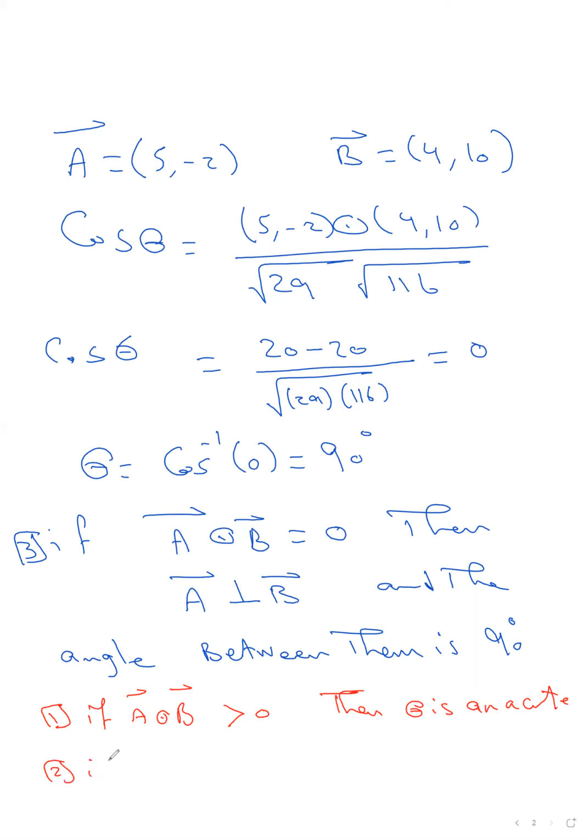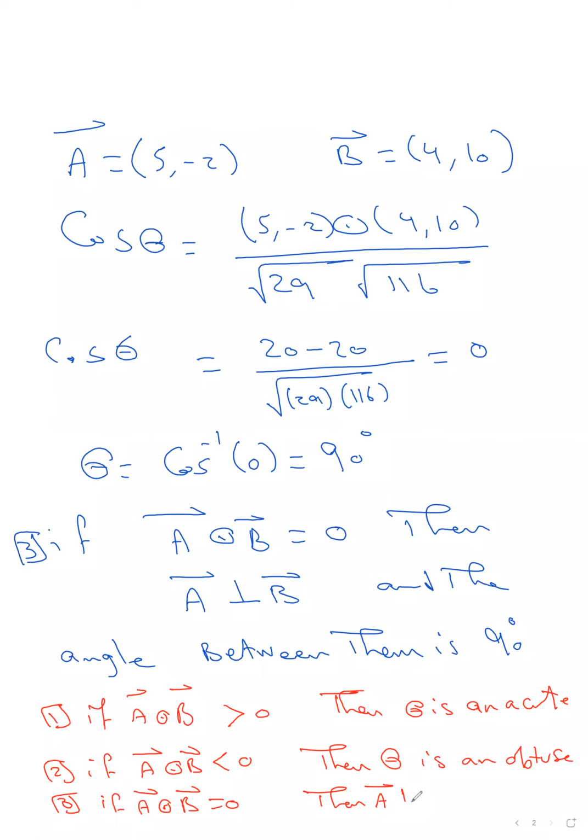Number two, if A dot B is negative, then the angle between them, theta, is obtuse. The third one, if A dot B equals 0, then A is perpendicular to B, okay? And theta equals 90 degrees. And this is the third case.